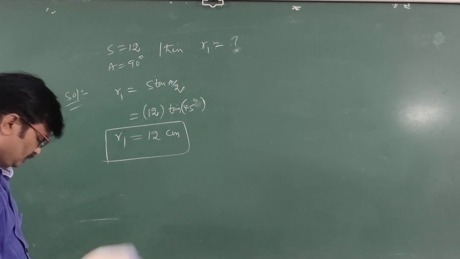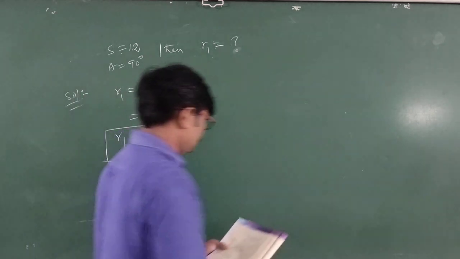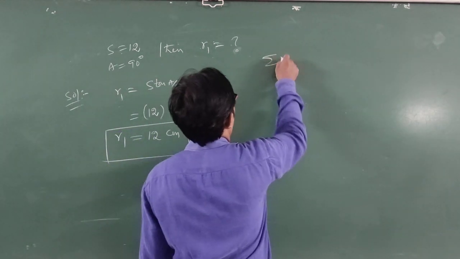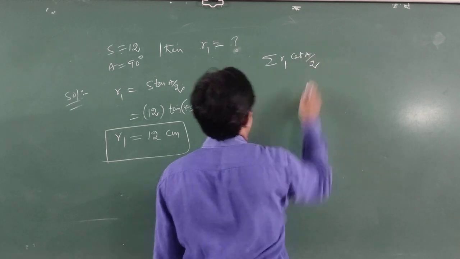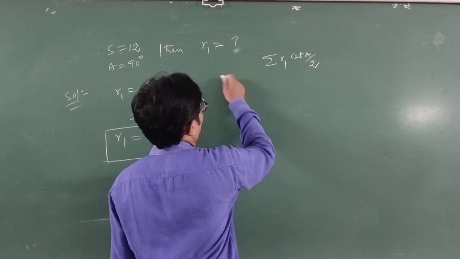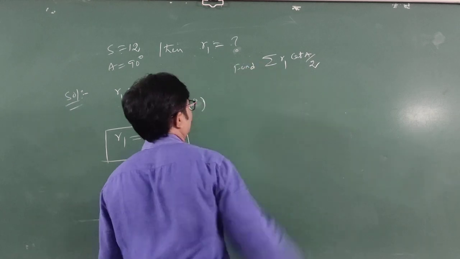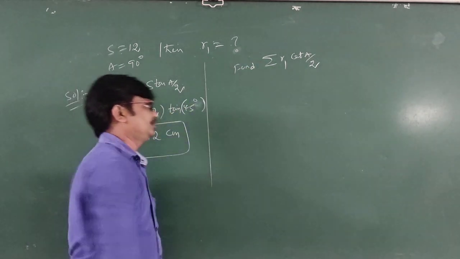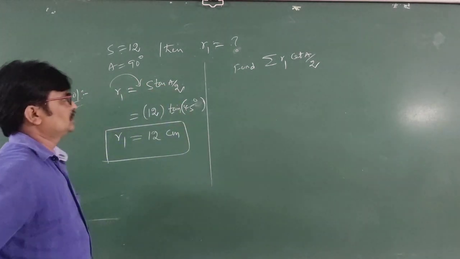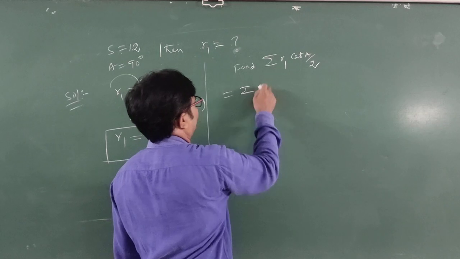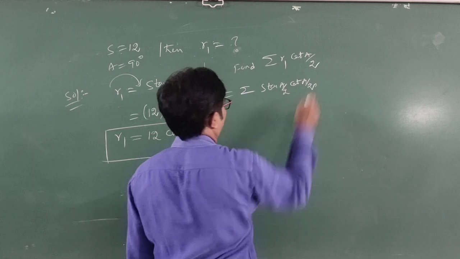Okay students, now we will discuss one more question. Express sigma r1 cot of a by 2 in terms of s. We will take another question. Find sigma r1 cot a by 2 in terms of s. Dear students, just now we know that r1 is s tan a by 2 into cot a by 2.